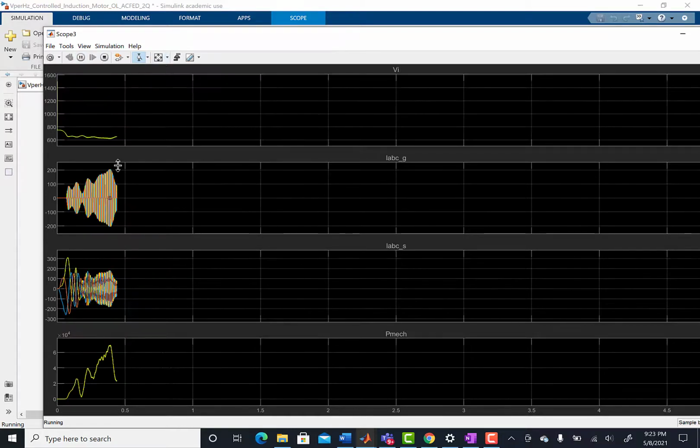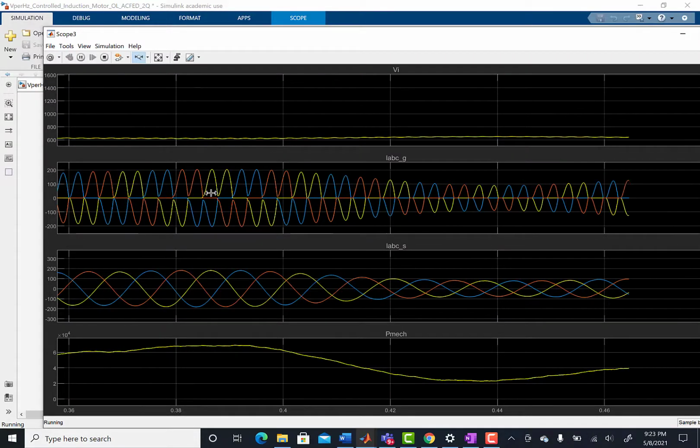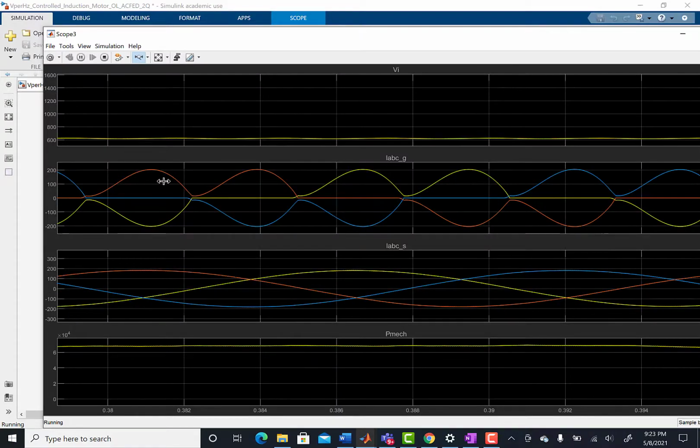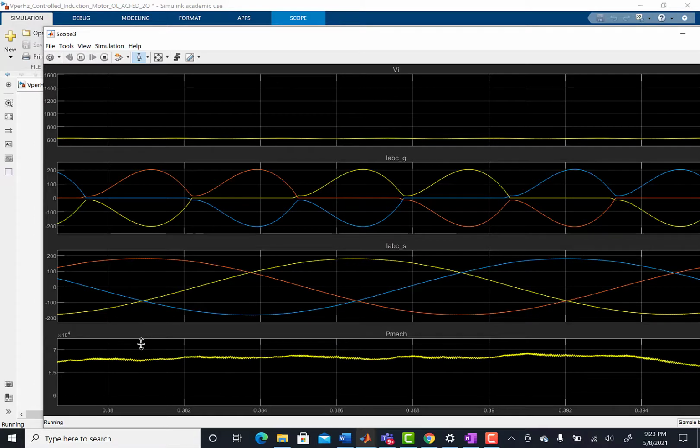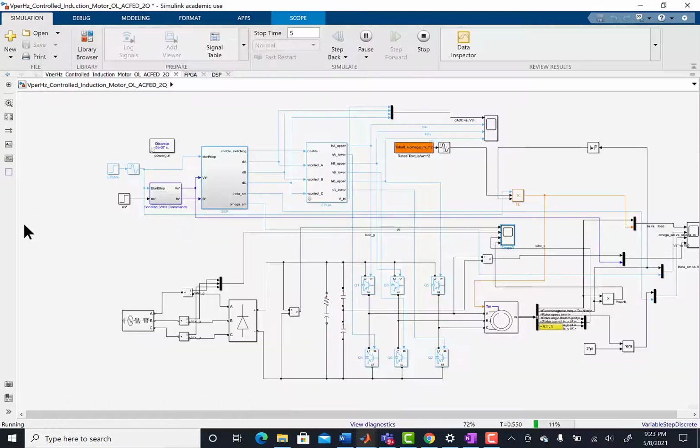I just want to point this out. I'm showing all three of those currents. Here's one period. They're extremely distorted. These are the pulses that are going through the diode bridge. And these are the currents that are being synthesized into the motor. So we're actually putting really nice sine waves into the motor. And this is the mechanical power that's being applied to the shaft of the motor. So it's a model that works very well.